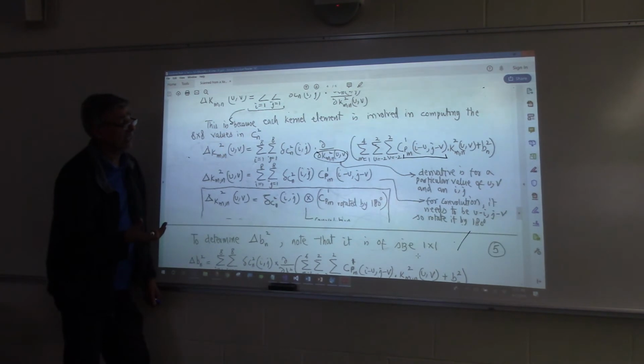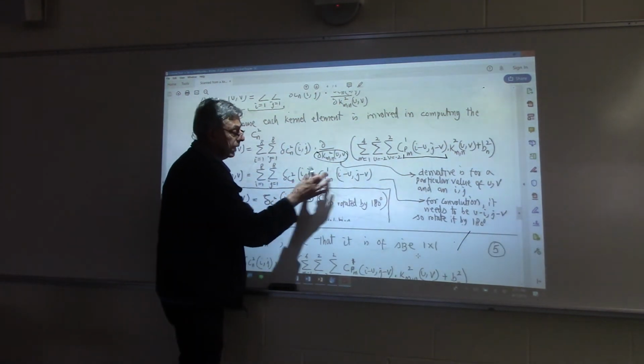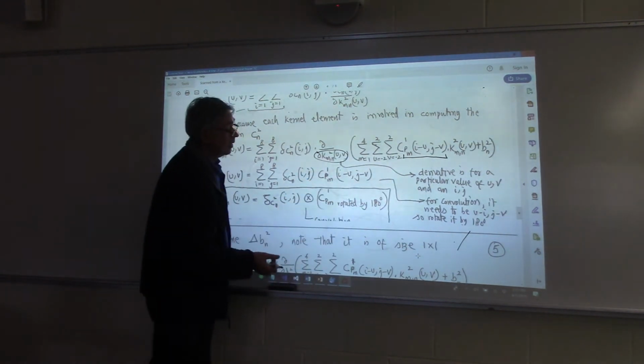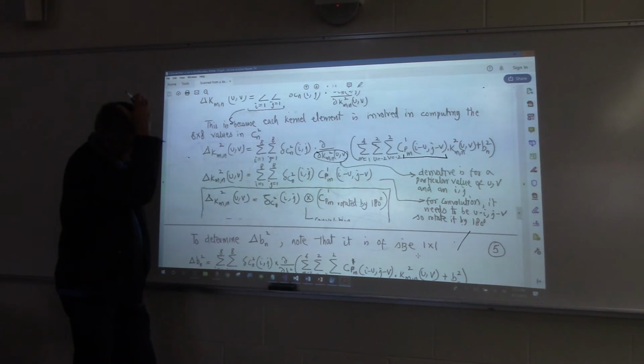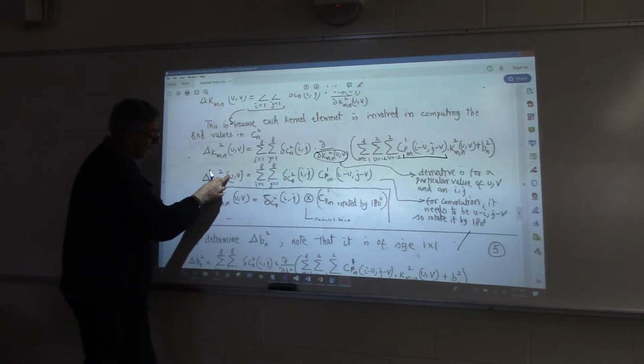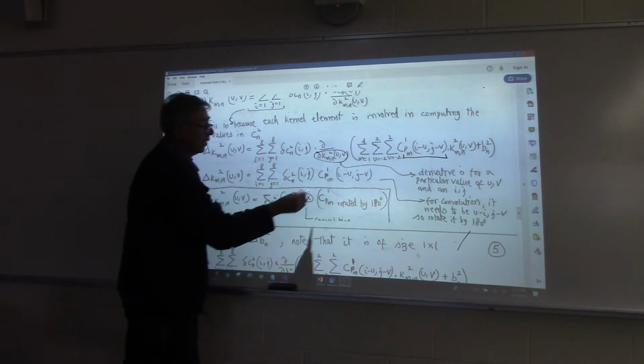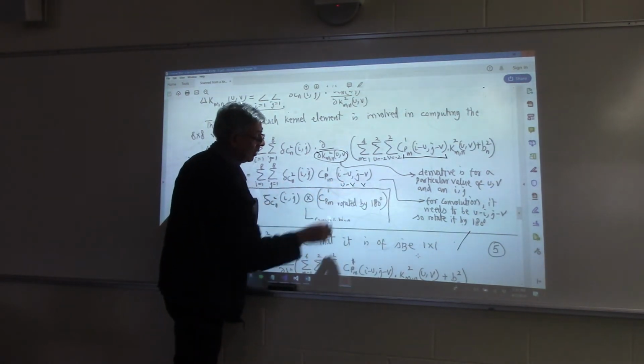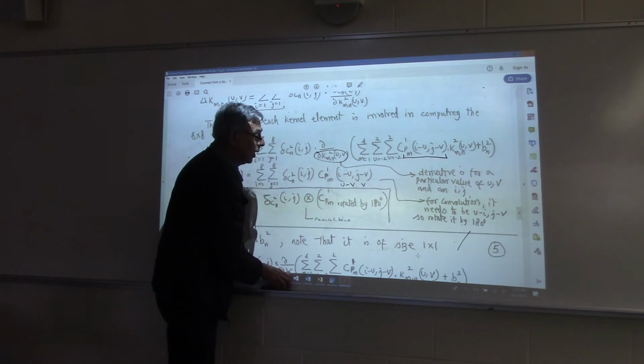Then, as we discussed last time, this is not convolution. For convolution, this should really be u minus i, because we are doing it with respect to u and v.